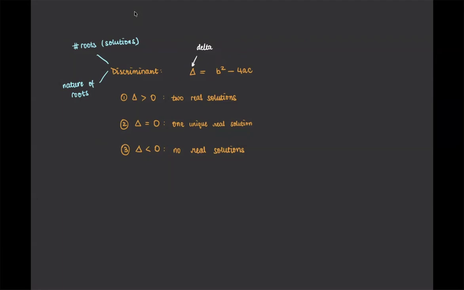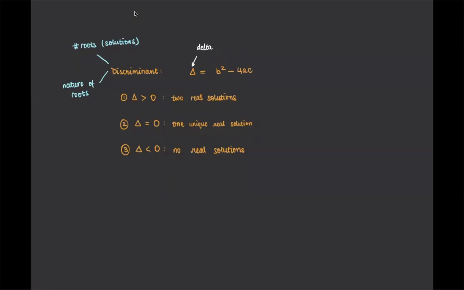One where the discriminant is greater than 0, in which case the quadratic will have 2 real solutions. And when I mean real, what I mean by real is just a numeric solution to the equation. It could be a whole number, it could be a fraction, it could be a recurring decimal, but it just has to be a number, okay? And the second case is when I have the discriminant being equal to 0, in which case I'll have 1 unique real solution.